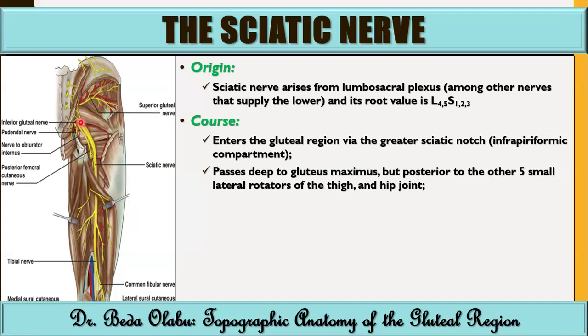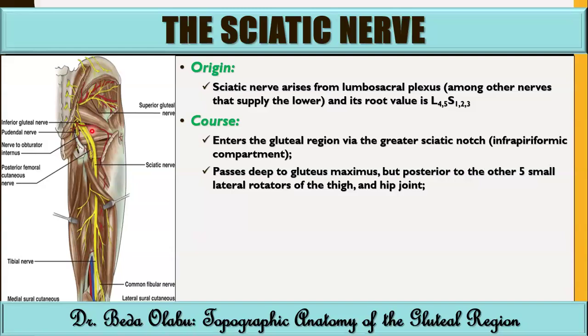After passing below piriformis, it will now be in the gluteal region, deep to the gluteus maximus muscle that has been removed from this particular image so that we can see the deep structures. But it will be posterior to most of the small lateral rotators of the thigh. Other than piriformis, the others will be anterior to the nerve.